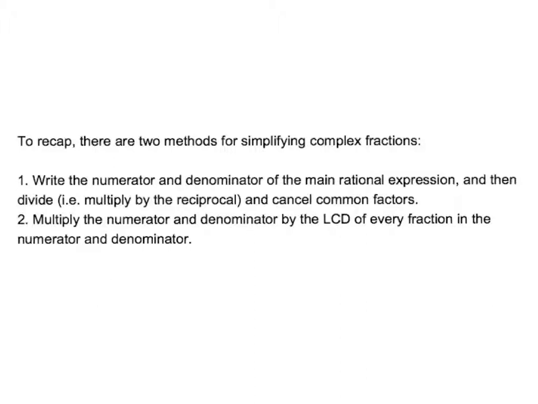The first one we used involved writing the numerator and denominator of the main rational expression, and then dividing and canceling the common factors. And then with the second one, we multiplied the numerator and denominator by the LCD of every fraction in the numerator and denominator, and then simplified accordingly.